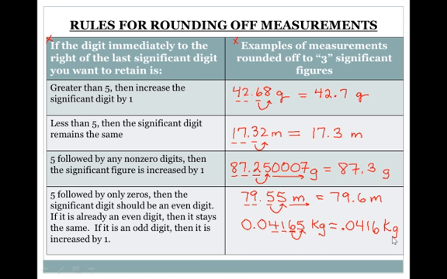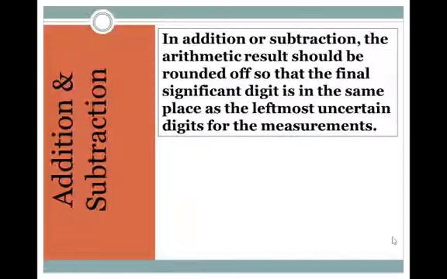Now let's move on to the rules for rounding. For addition or subtraction, the result should be rounded off so that the final significant digit is in the same place as the leftmost uncertain digit of the measurements. Okay, let's do an example here.